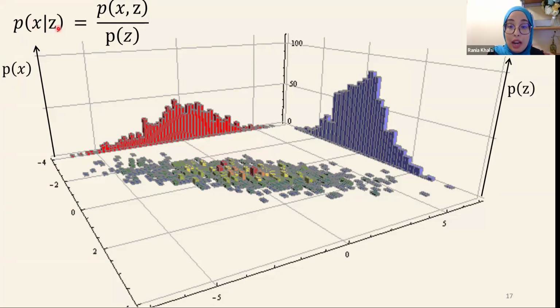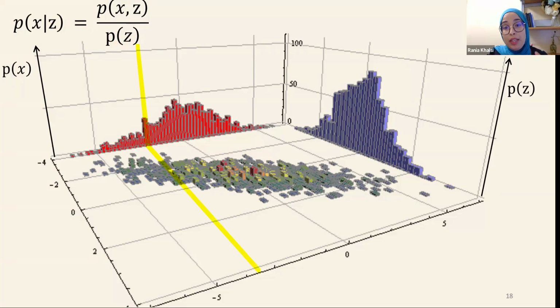And this represents the likelihood of the data x, given the latent variable z. This is why here we have given z, and we are always dividing by the marginal of z, okay? So as you can see, it's expressed using the joint distribution and the marginal distribution, right?